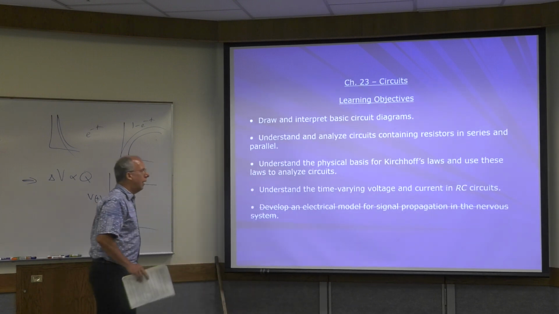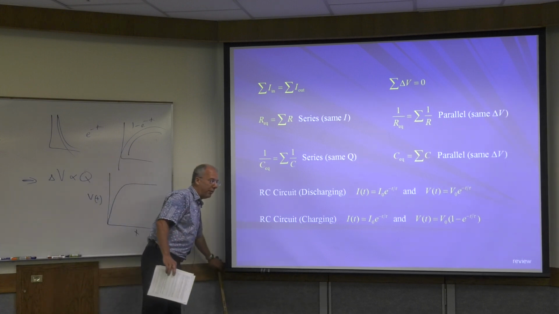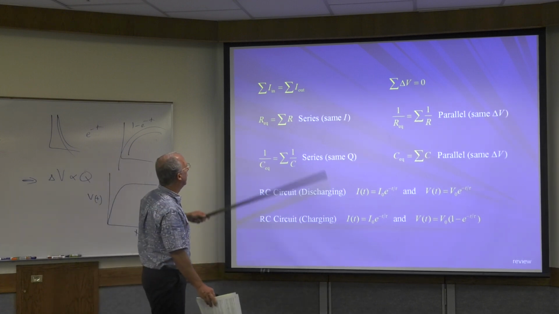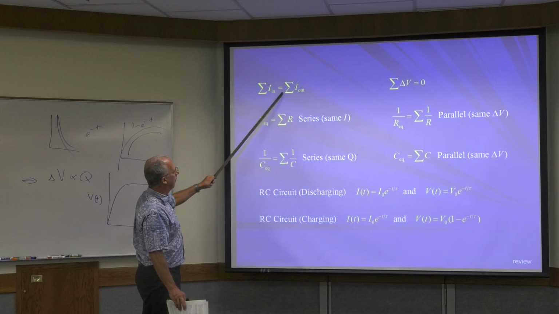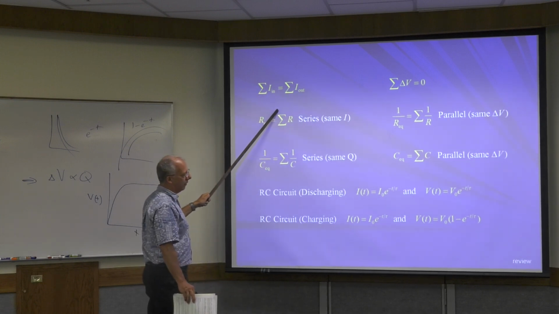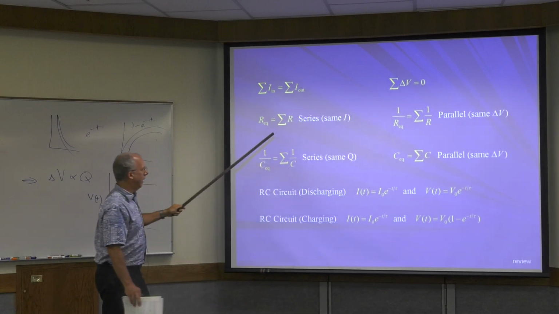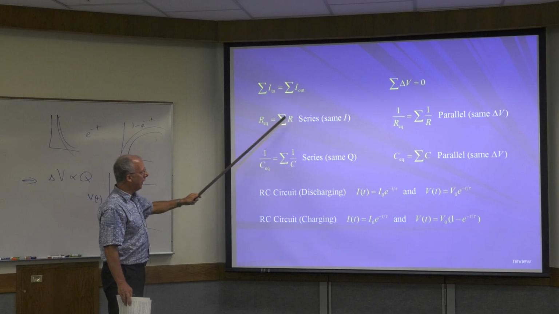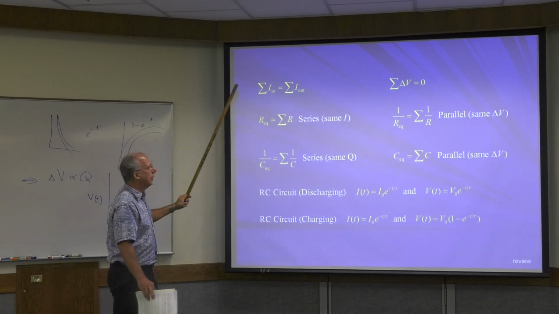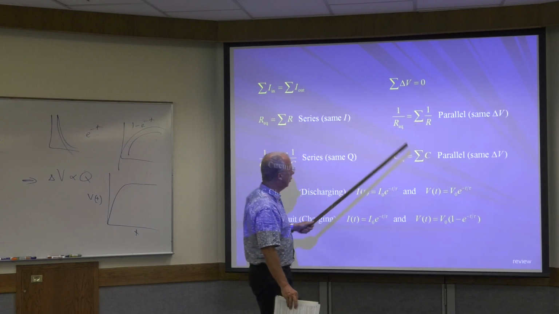Okay, now, here are the equations. Just like last chapter, just lots and lots of equations. This is old hat, we learned that, right? Conservation of current, that's the Kirchhoff junction rule, Kirchhoff loop rule. Adding resistors in series, same current, you just add them. If they're parallel, they have the same voltage, it's that crazy 1 over R rule.